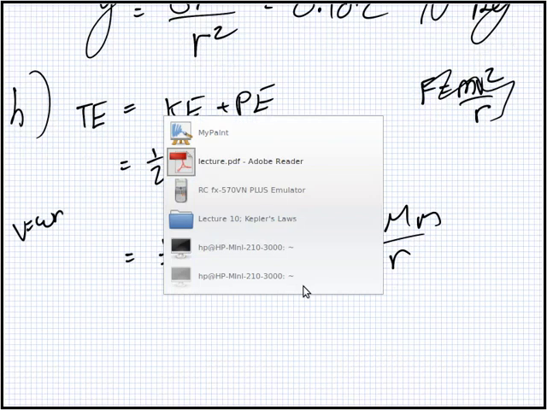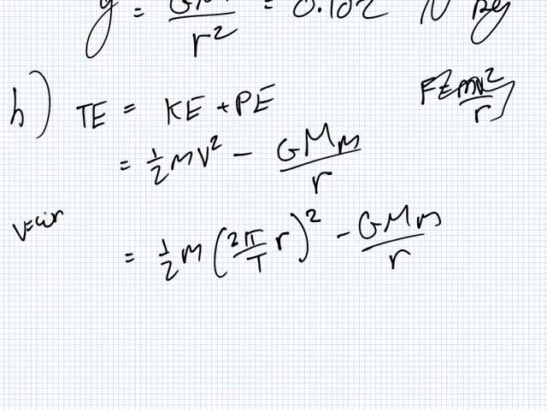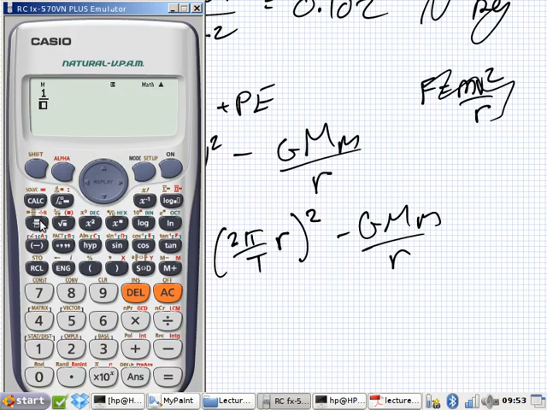So if I just hit the whole thing in, did I say the mass was 100 kilograms? Yeah. So 1 over 2 times 100 times, and then here's a fraction, 2 times pi times the radius, which was 12,000 plus 3333, and the parking orbit is 24.